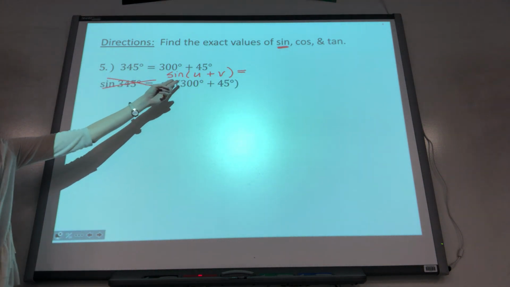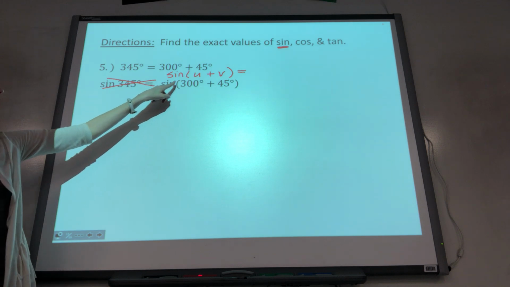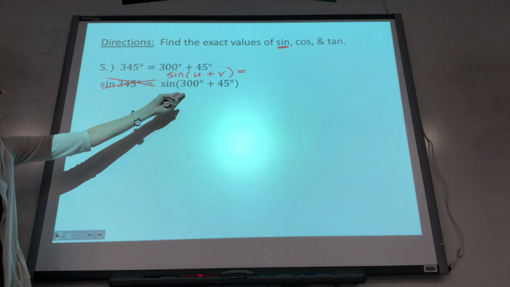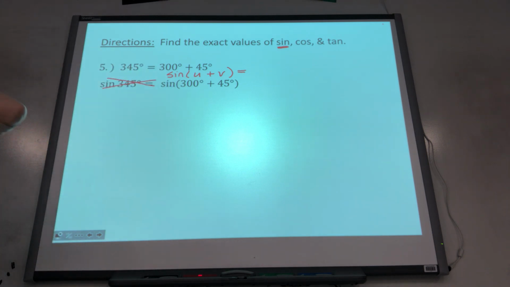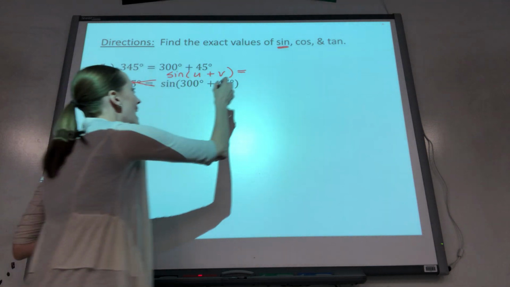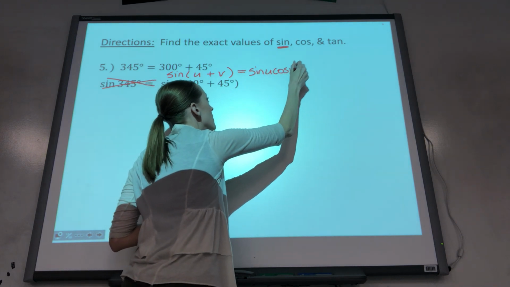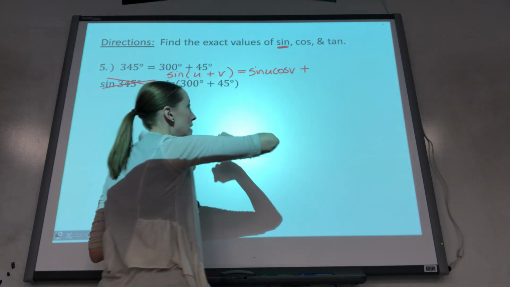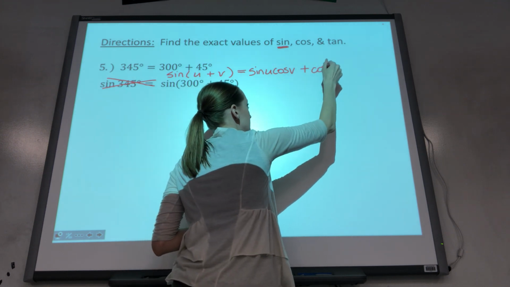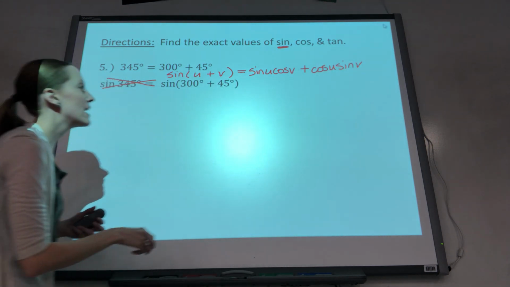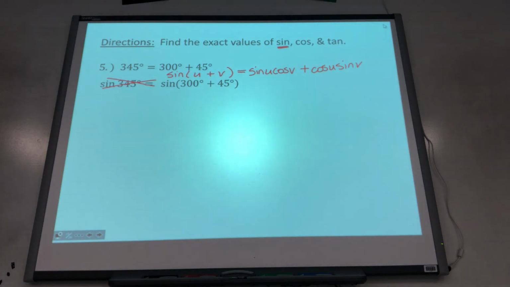This is going to match up to the sine of u plus v formula. u is 300, v is 45, and here's what it said: sine of u cosine of v plus cosine of u sine of v. It's in your notes. I think I even printed out that slide for you at some point.